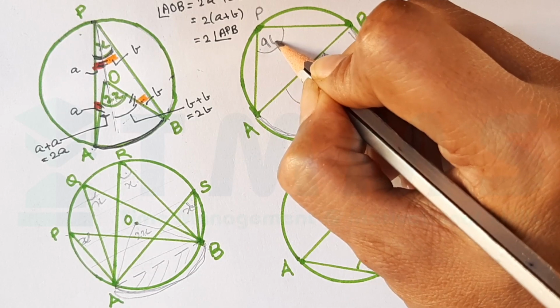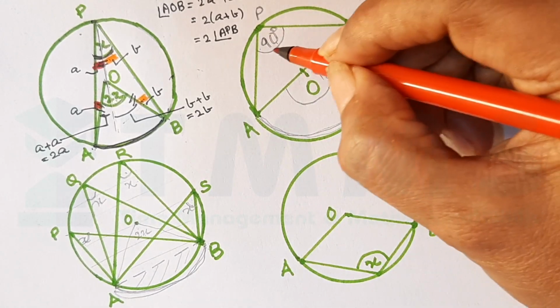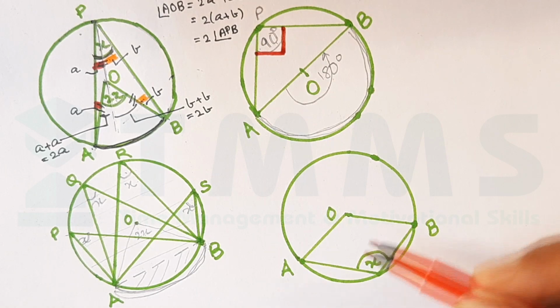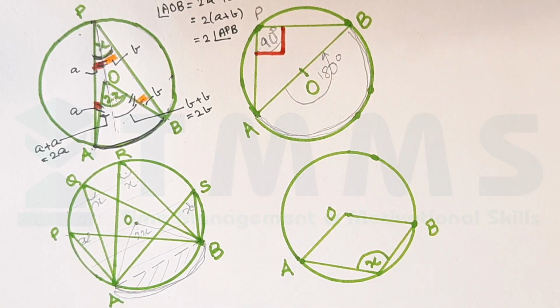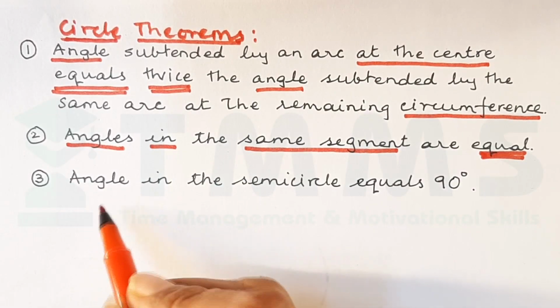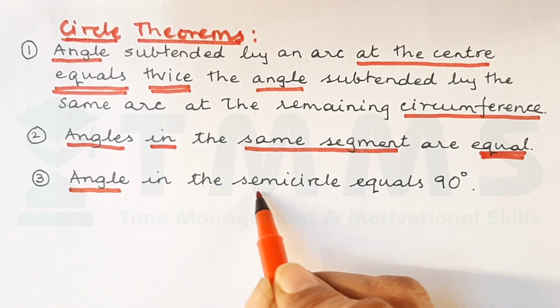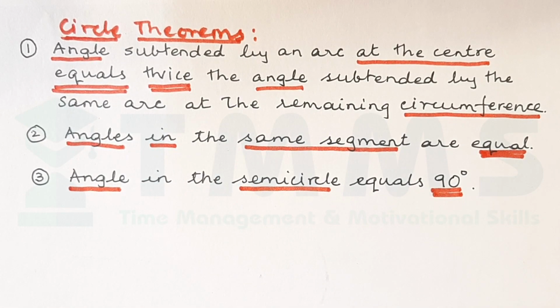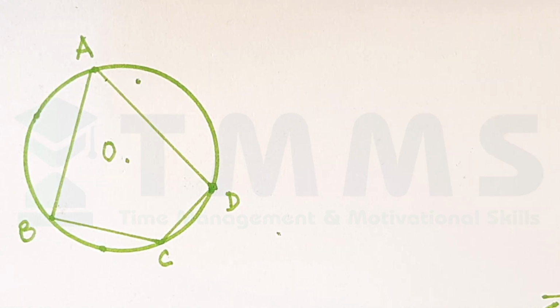So this becomes 90 degrees. We will say angle in the semicircle is 90 degrees, and that's our theorem 3. So our third theorem: angle in the semicircle equals how much? 90 degrees.